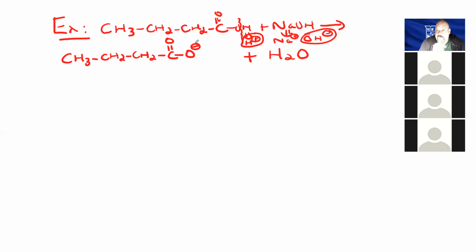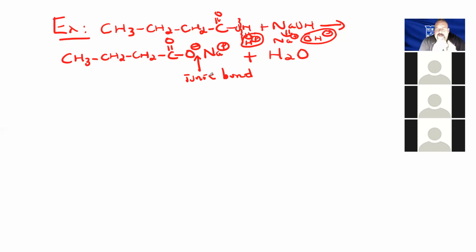But now there's something else present that's going to be highly attracted to that O minus, and in this case, it's the Na+. What is going to be the force of attraction that brings the O minus and Na+ together? What you're going to have between them is an ionic bond.